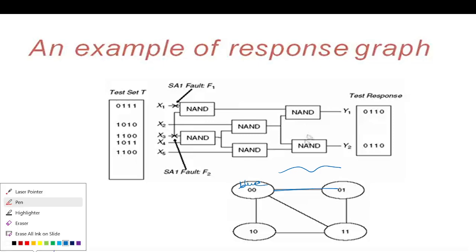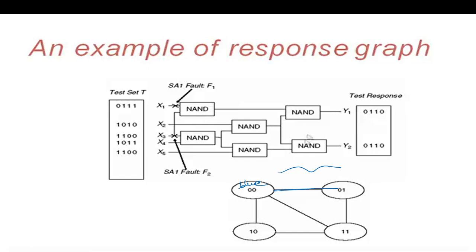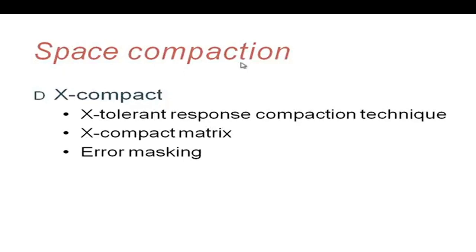Wherever there is an edge, I need to use a different color, so I will use red here. And this also has an edge, so I can't use blue, I can't use red, so I use green. But at this node, I can't use blue and green, but I can use red. So instead of 4, I now have 3. Now 3 colors are reserved for selection. So in this way, the response is compacted.